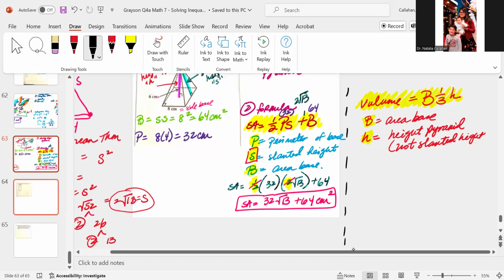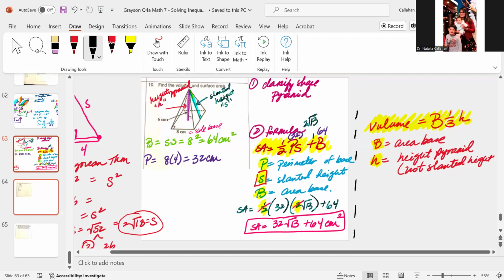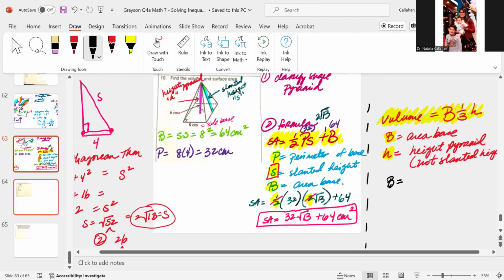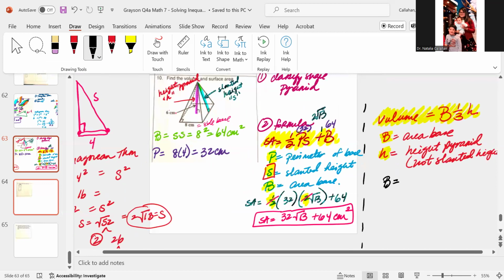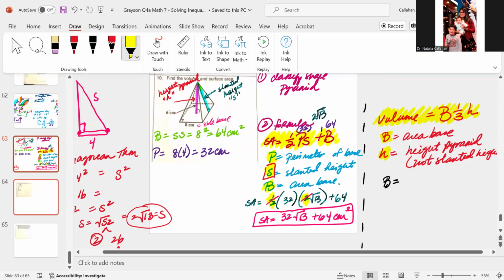Okay. All right, for the volume, are you ready? For the volume, you have to find the area of the base, right? Did we find the area of the base from the last problem? What was the area of the base? I'm highlighting it for you.